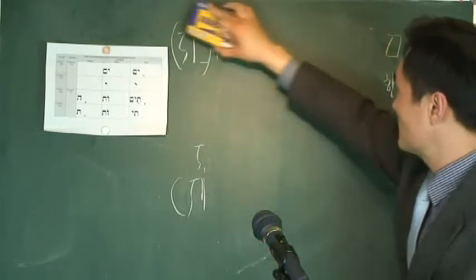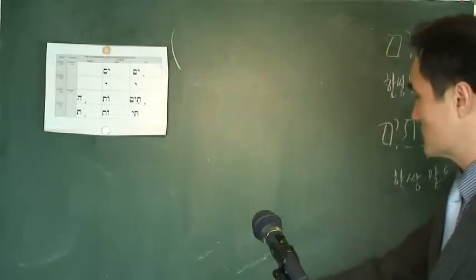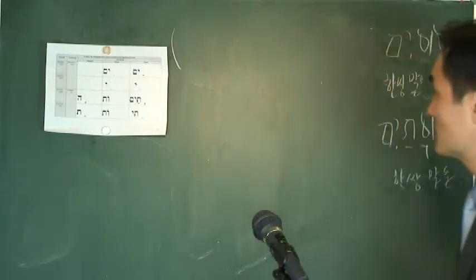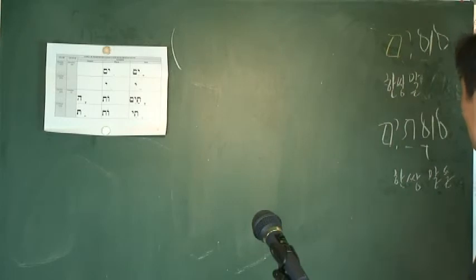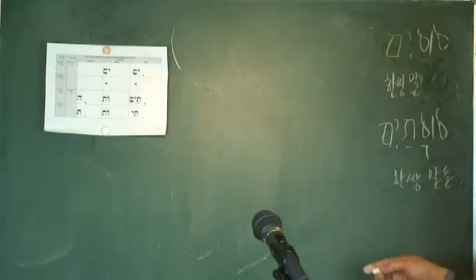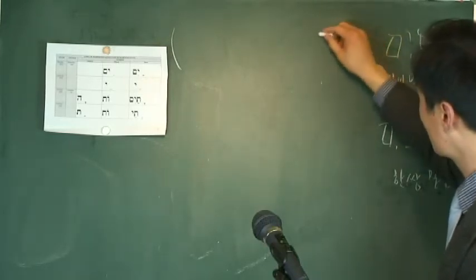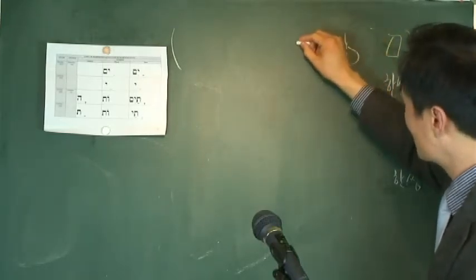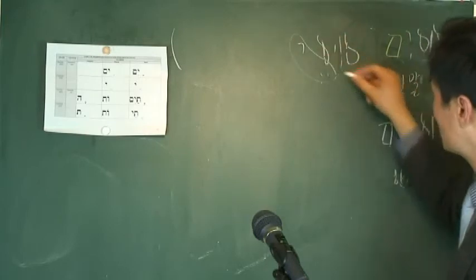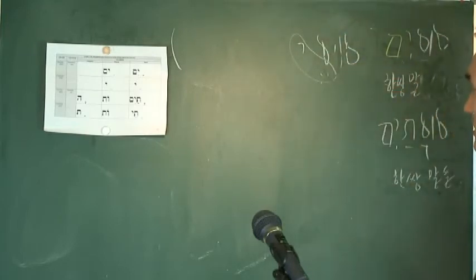Next, the dual forms. The dual form of the masculine singular is susaim. Susaim changes to suse. Tsere yod is added to make suse.